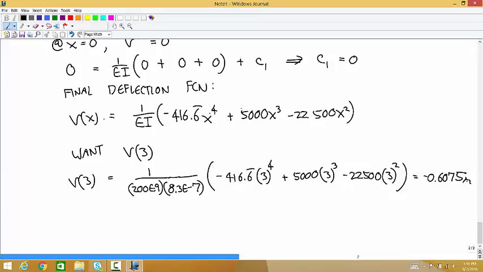Okay, so those calculations were right. But the absolute value of the deflection is pretty big.